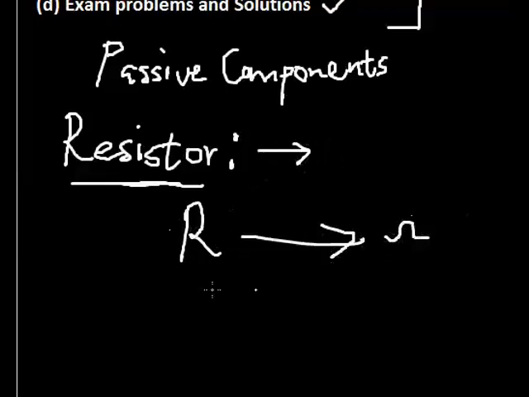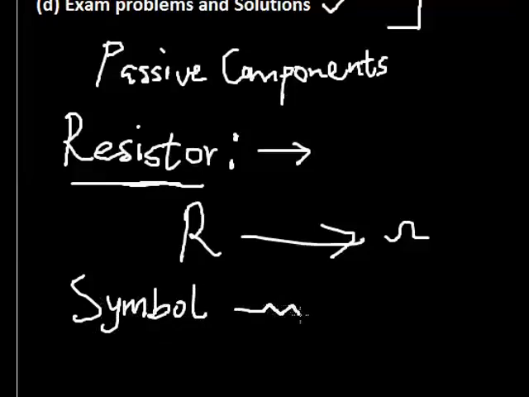Now the symbol we're going to be using for a resistor in a circuit diagram is this. We can use this symbol, or we use this. This one is easier for me.